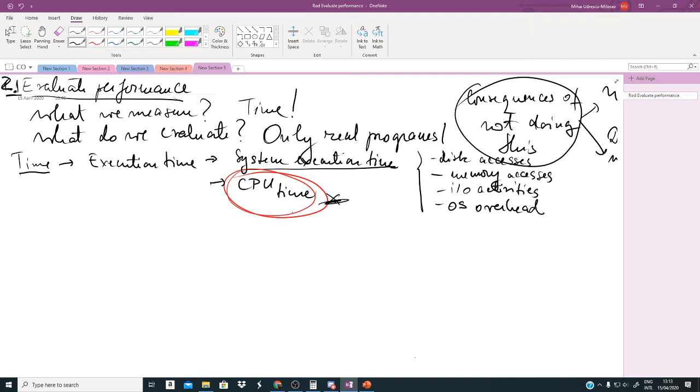Now, what do we evaluate? So we said that we are talking about time, and then we are talking about the real programs that we will measure. Well, these real programs that a computer runs when it functions are called workload.